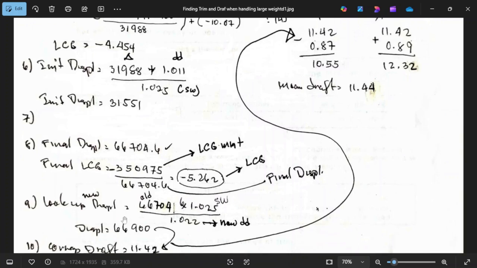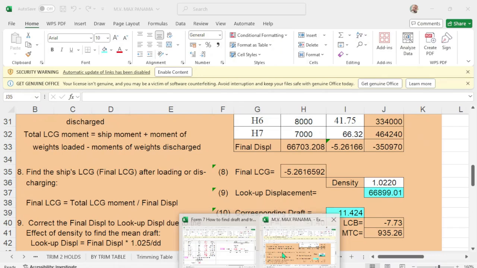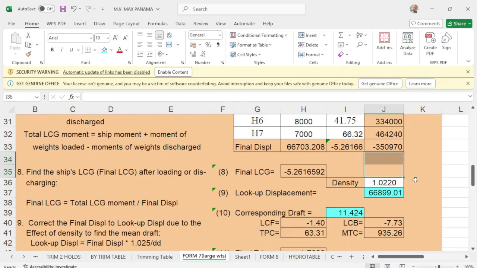Number 9 is look up displacement. This is the displacement times salt water over the new density 1.022. That's number 9. So you are now going to the displacement of salt water.